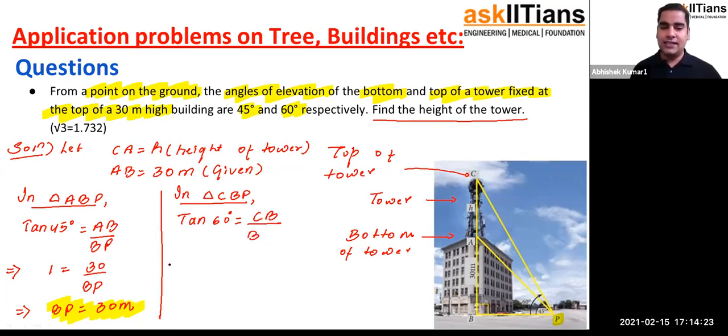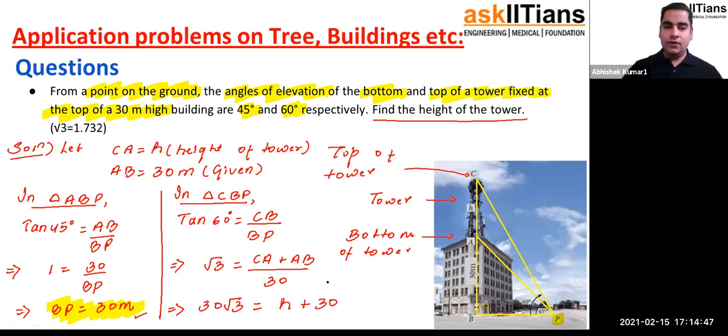What is tan 60? Tan 60 is root 3. We all know that. What is CB? CB is a sum of CA plus AB, right, divided by BP, which is 30 meters from here. If you cross multiply, you will get 30 root 3 equal to CA plus AB.